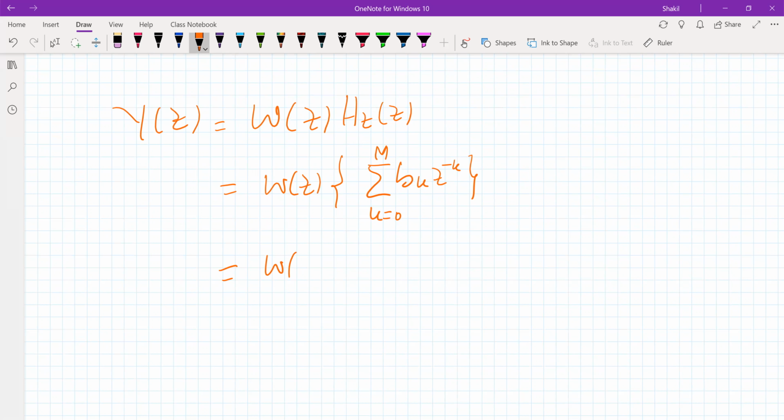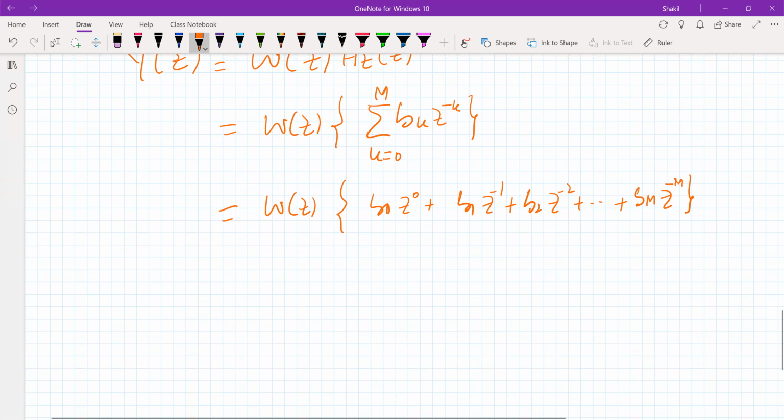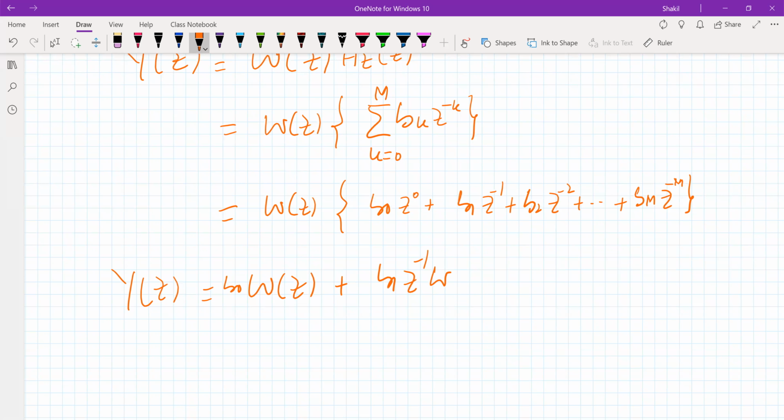Expanding this summation, Y(z) will be equal to W(z) times b_0 z^0, which is 1, plus b_1 z^-1 W(z), plus b_2 z^-2 W(z), plus so on, b_m z^-m W(z).